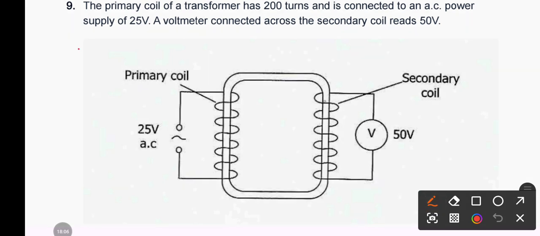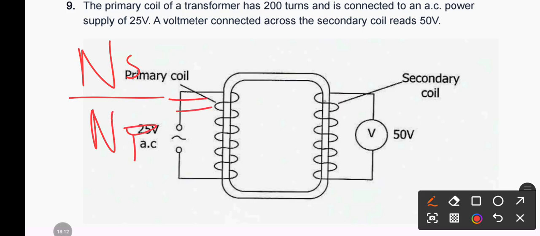Alright. So we'll simply use this simple formula: Ns over Np is equal to Vs over Vp. We want the number of turns in the secondary coil.